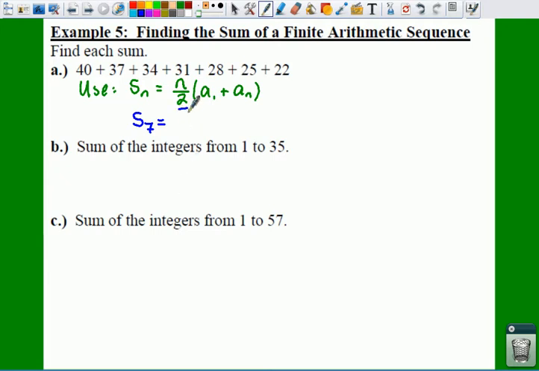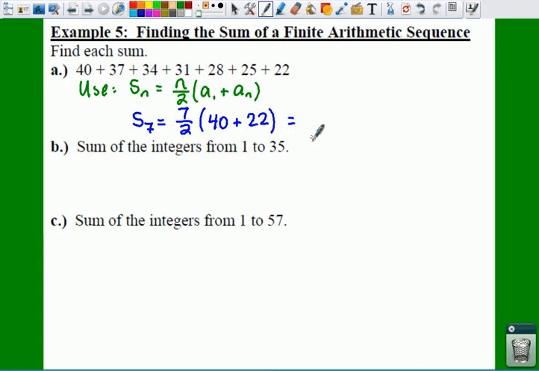So we're going to say 7 divided by 2 times your first term, your a sub 1, which is the first one we were given, 40, plus a sub 7, your 7th term, which is also your last term, 22.